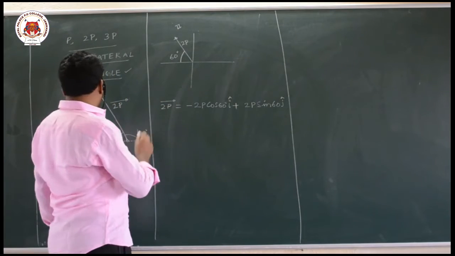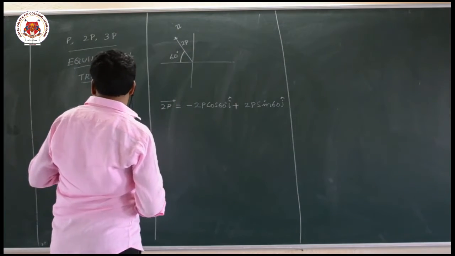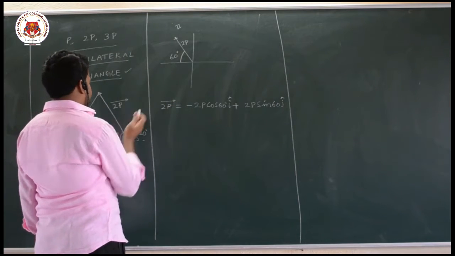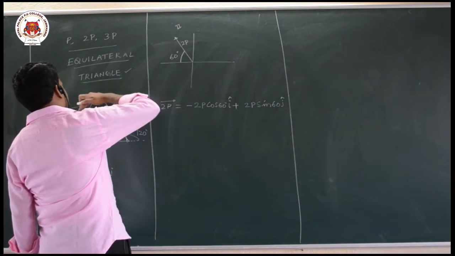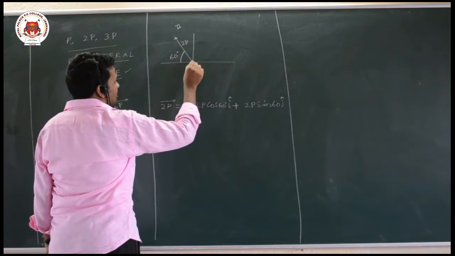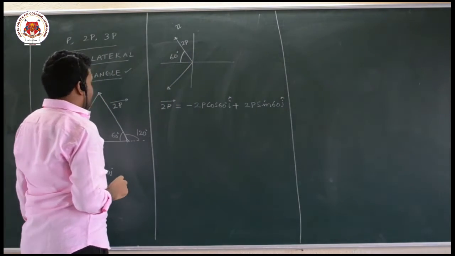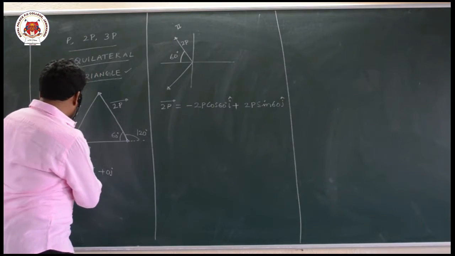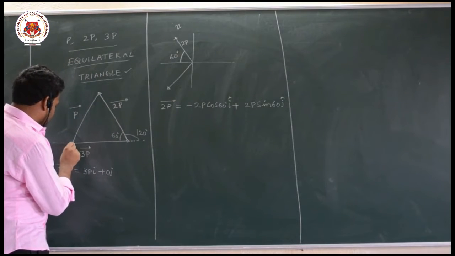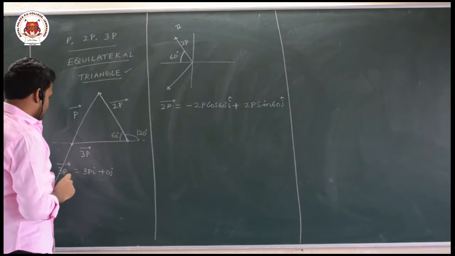And next I can write p bar. You can see p bar is acting in this direction. That means p bar is acting in this quadrant. What angle is p bar making?